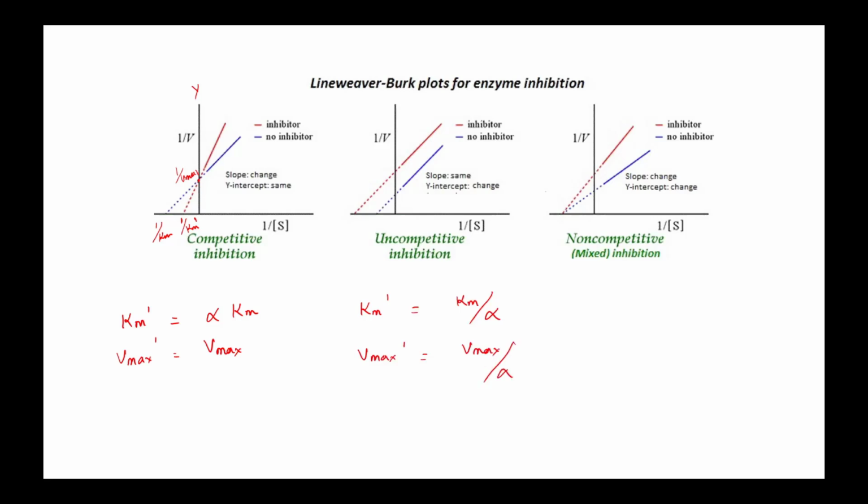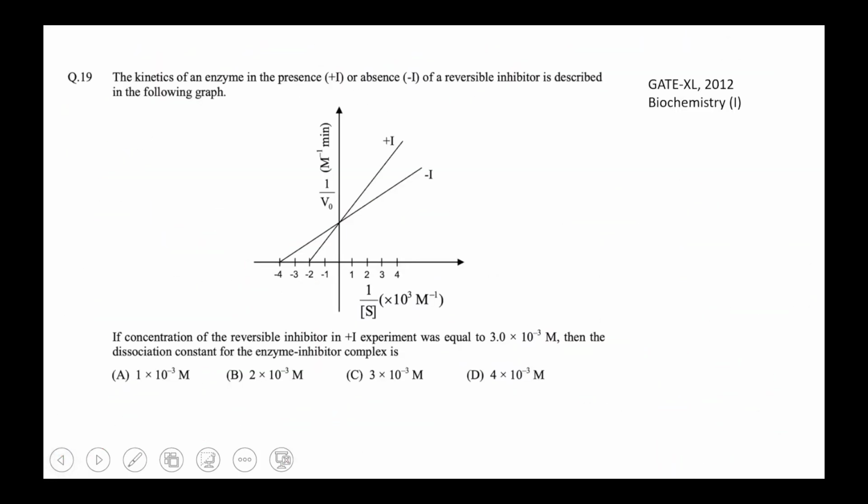In the non-competitive one, the Km is not affected, the new Km and old Km are the same, but Vmax is decreased by alpha. Okay, so let's try to solve the numerical based on this information.